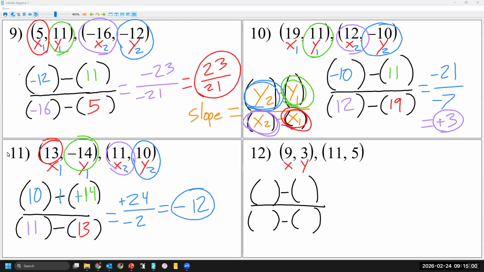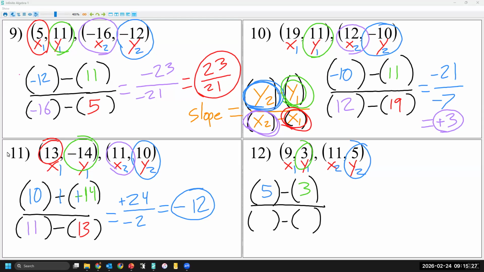X, Y, X, Y, X1, Y1, X2, Y2. All right, so we're going to start off with Y2, which is 5, minus Y1, which is 3.